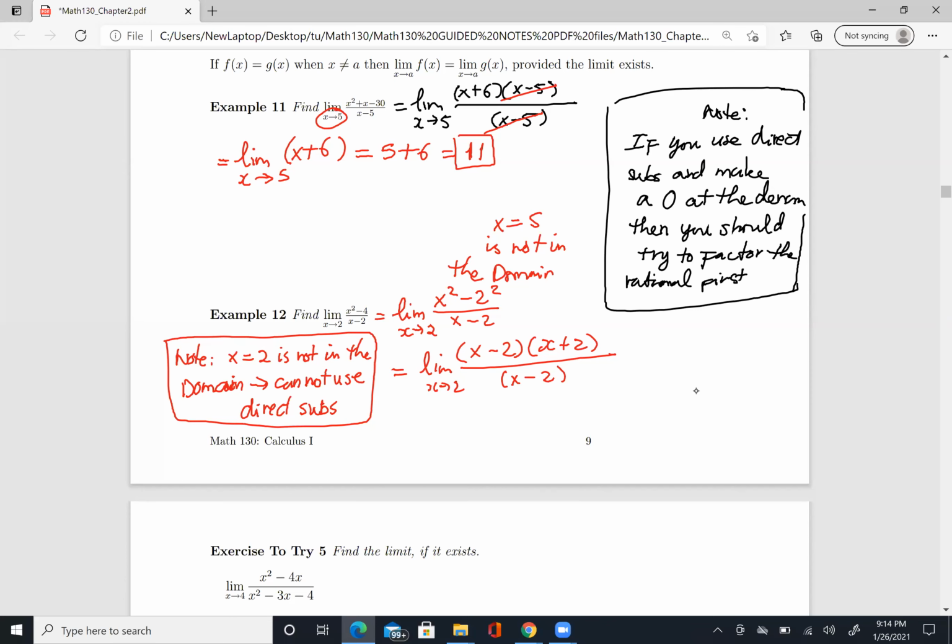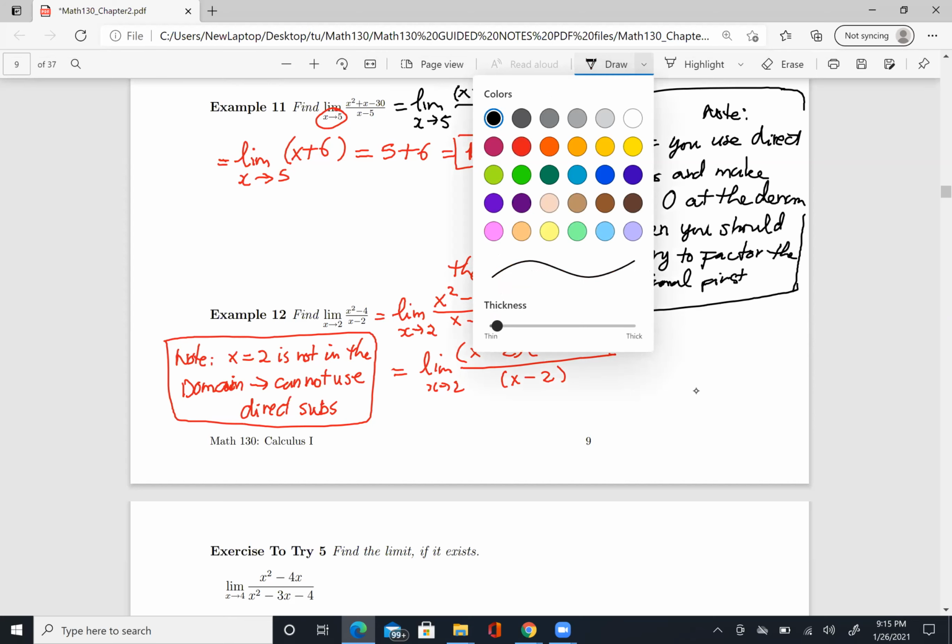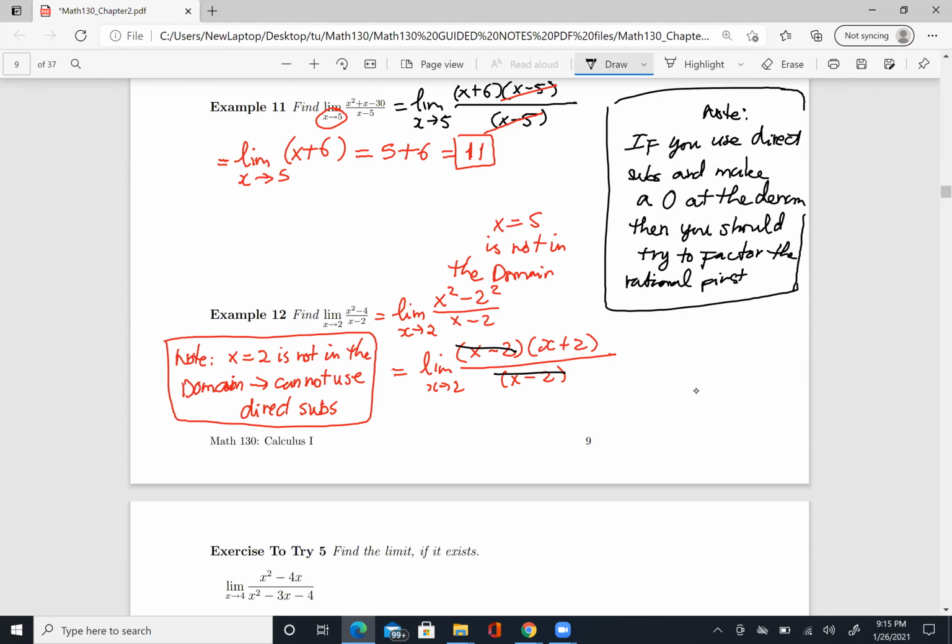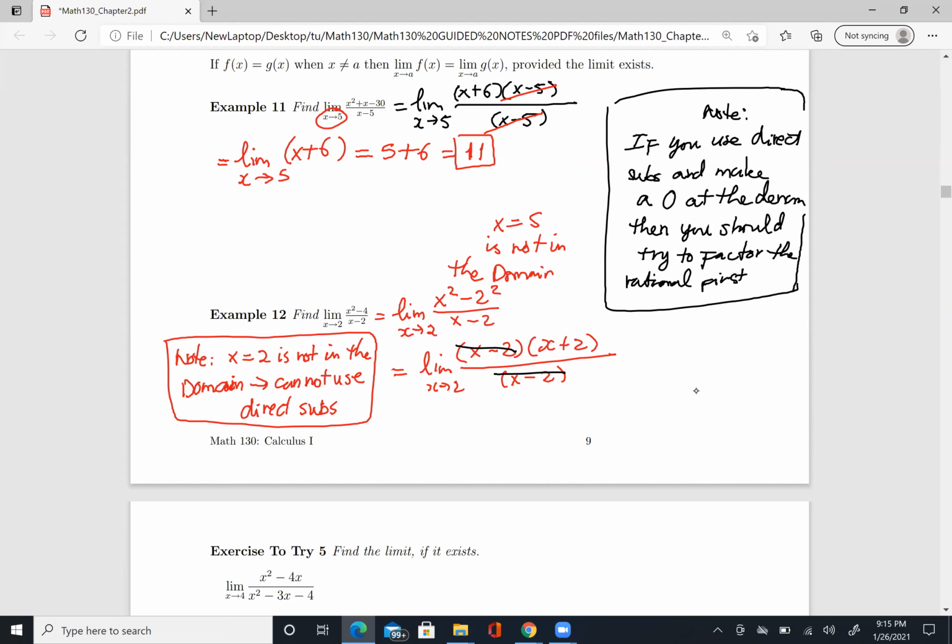Now you can see that you actually have a common factor between top and bottom, and you can cancel the one that makes 0 at the bottom when x equals 2. So we have only x plus 2 after canceling x minus 2.